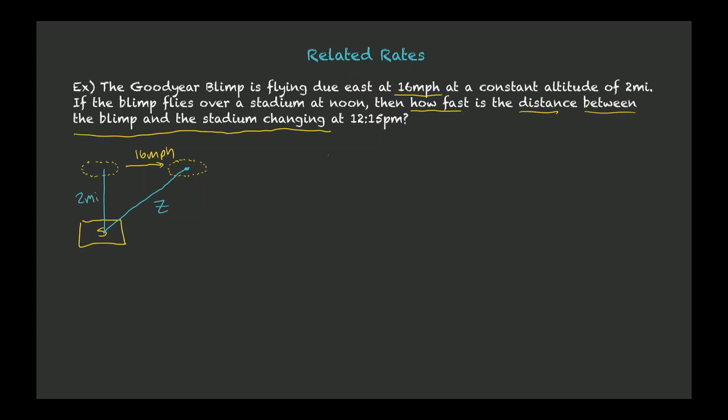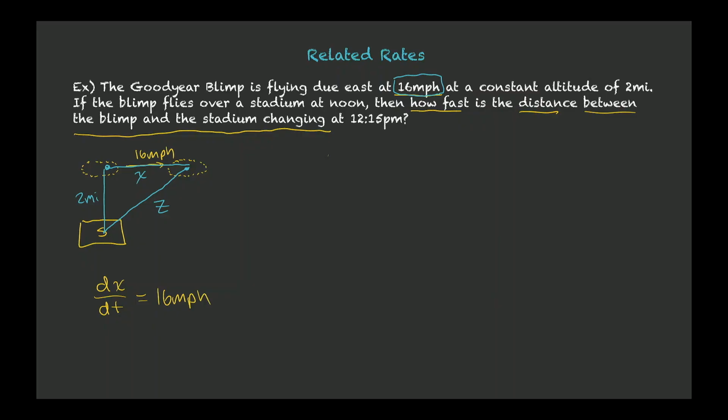Okay, and then the last side is just how far east this blimp is going, and I'll call that x. Okay, so going back into the problem, it says that the blimp is flying due east at 16 miles per hour. So that means that x is changing, dx dt is 16 miles per hour.